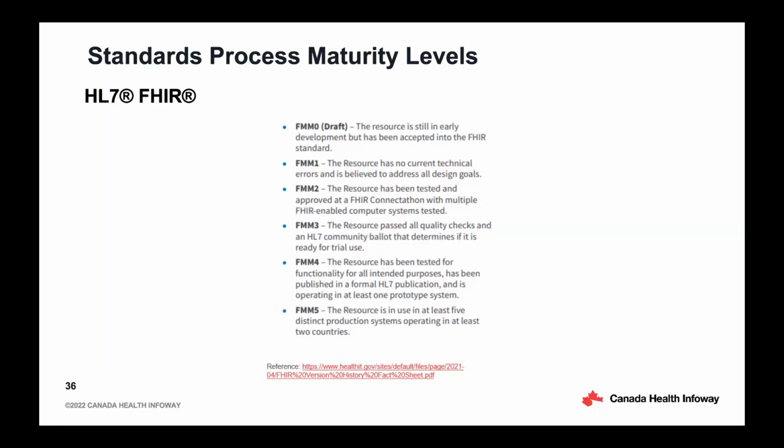A normative really means that the resource level has been approved by ANSI, which is the approving standards body. And looking ahead to FHIR R5 or Release 5, we will see even more normative content with over 30 resources having been nominated by HL7 working groups to be mature to that status.